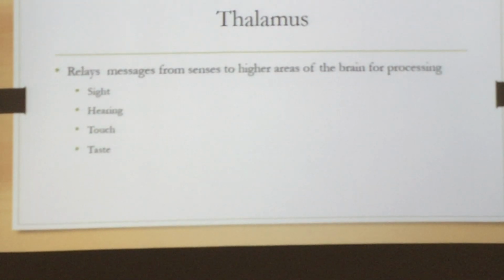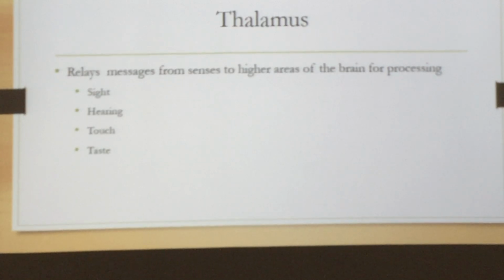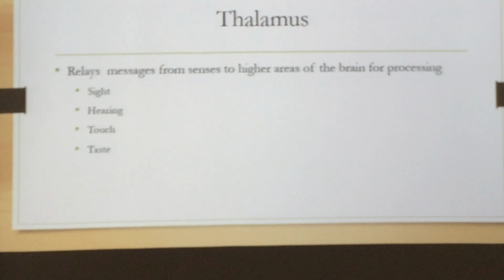Right. Well, where I called the reticular formation the gatekeeper, I'm going to call the thalamus the relay system. Okay, now, let's say that the optic pathway brings in information where a guy has seen a real pretty girl.